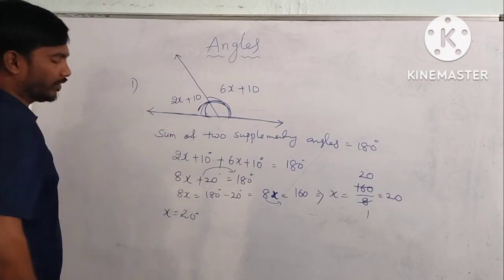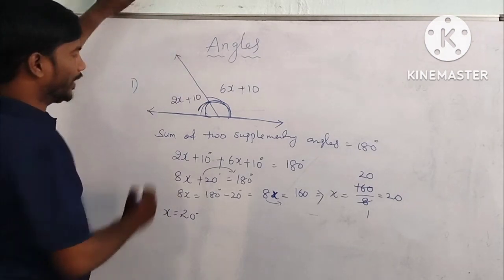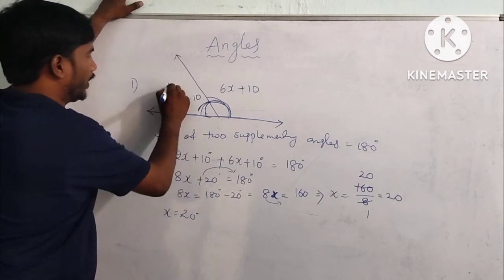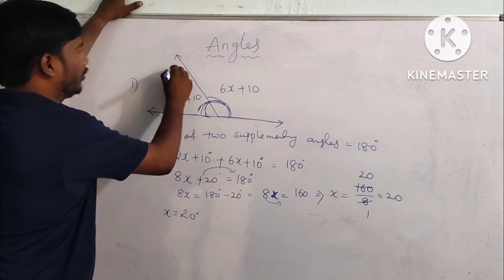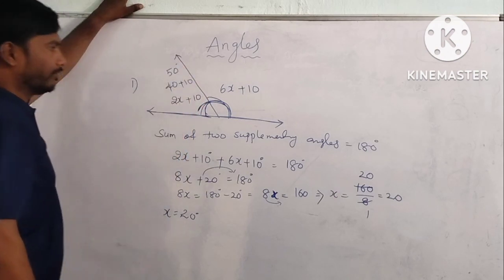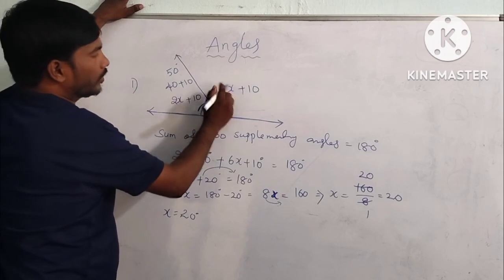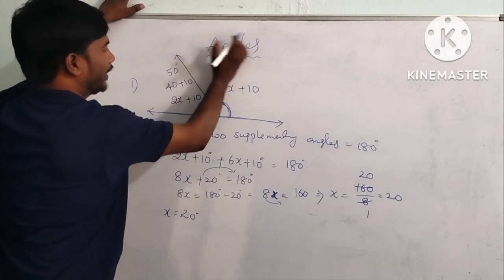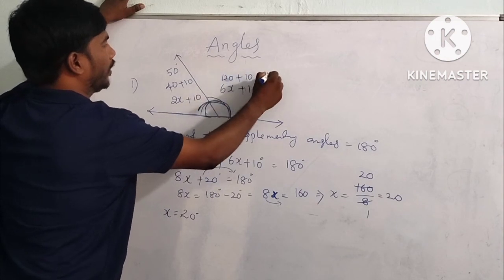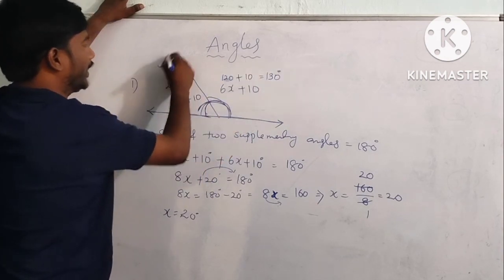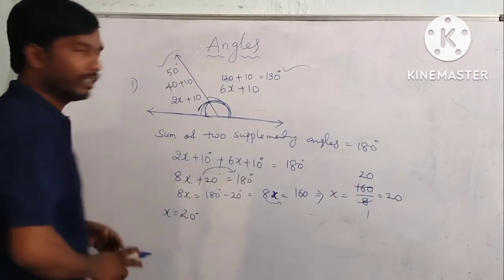Then what is the first angle? 2x plus 10, 2 into 20, 40 plus 10, 50. So the first angle is 50. Second angle, 6 into 20, 120, plus 10, 130 degrees. So the first angle is 50 degrees, the second angle 130 degrees.